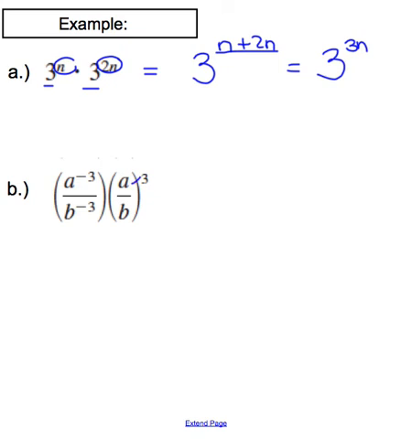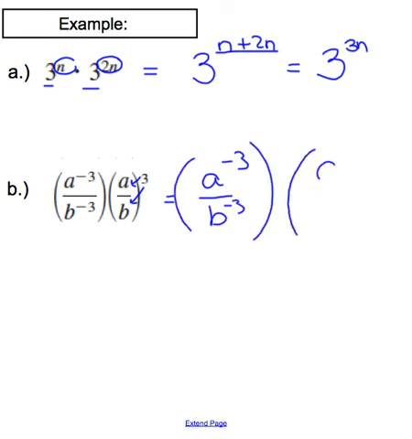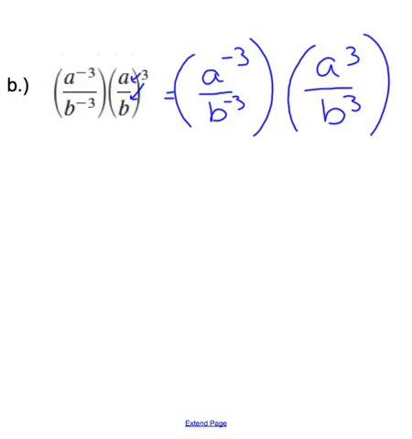Example B, I'm going to distribute in. So I'm going to leave that first fraction alone. I'm going to distribute in a cubed, b cubed. Now, I'm going to multiply across negative and positive here.